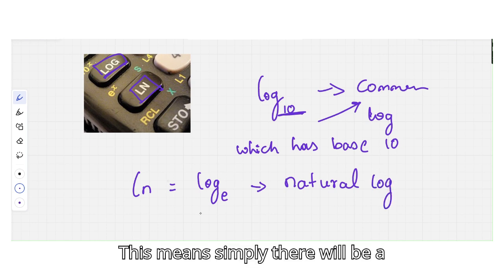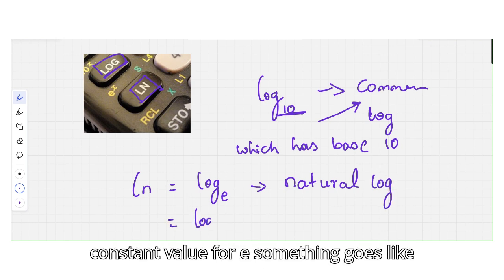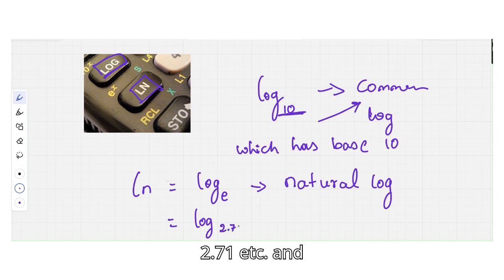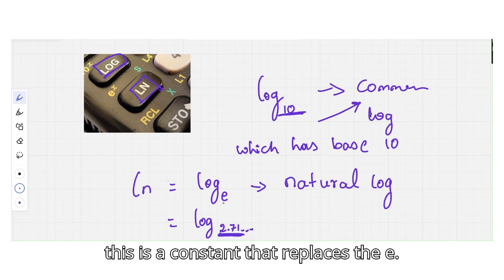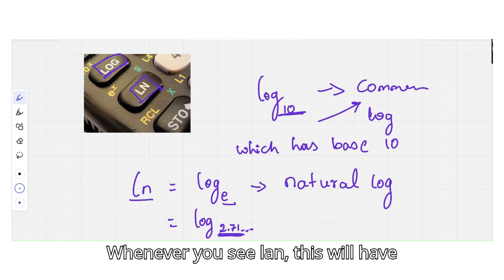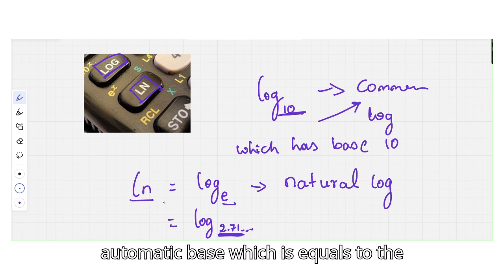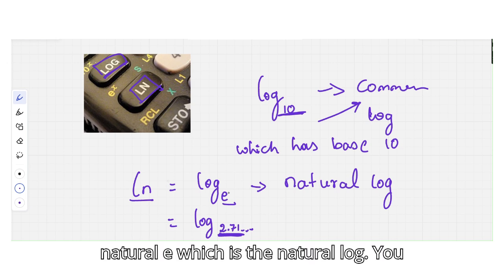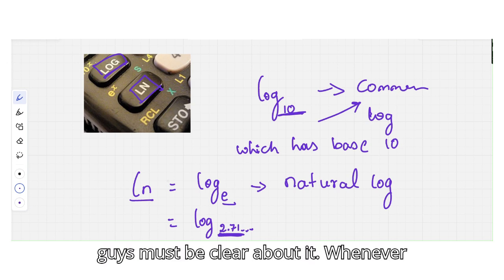This means there is a constant value for e, something like 2.71, etc., and this constant replaces the e. Whenever you see LN, it has an automatic base equal to the natural e, the natural log. You guys must be clear about it.